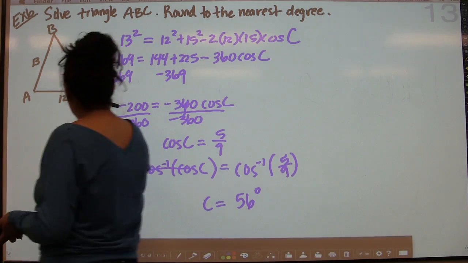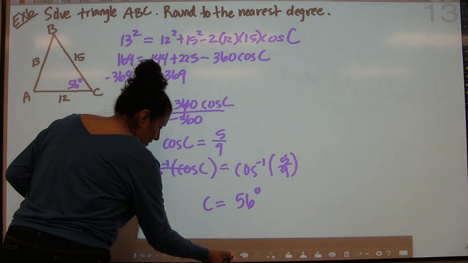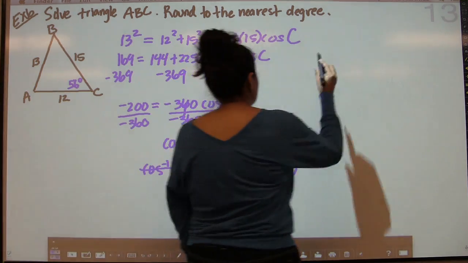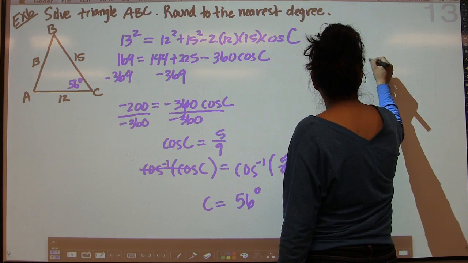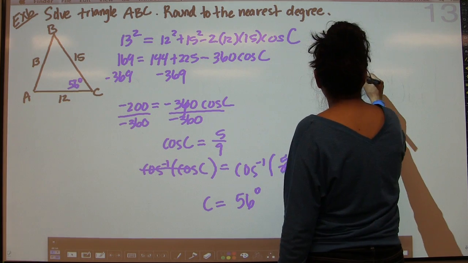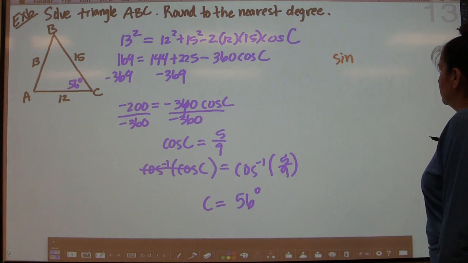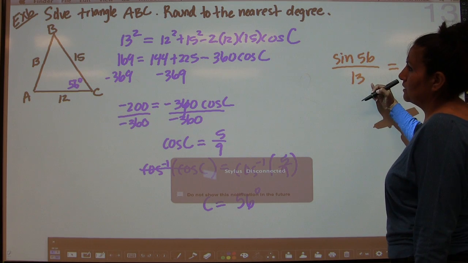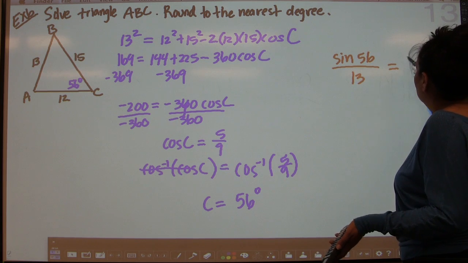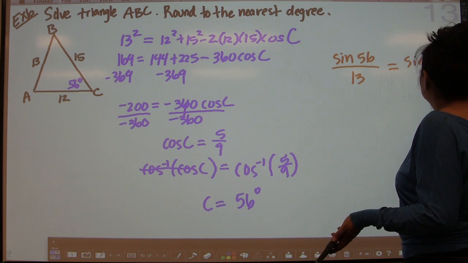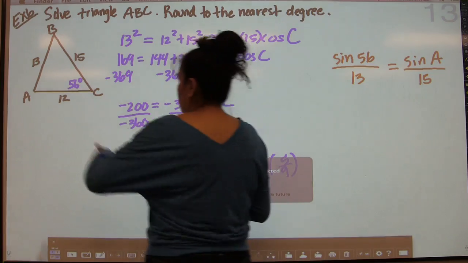And now that you have one of the angle measures, you can now use the law of sines. So we can say sine of C, so sine of 56 over 13. Let's go ahead and solve for angle A. So then we're going to say sine of A over 15, because the side length that is opposite angle A is 15.